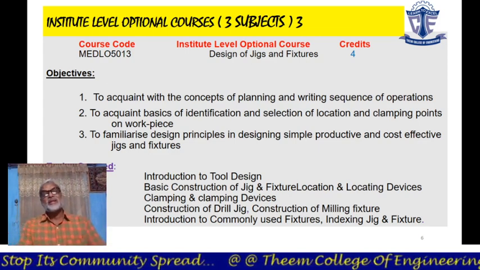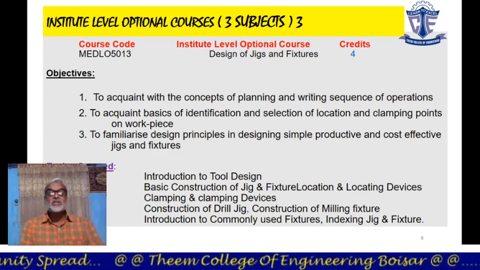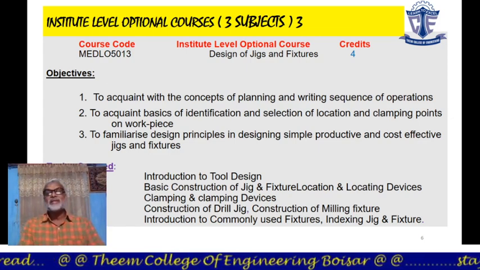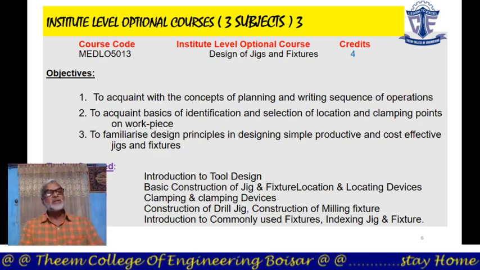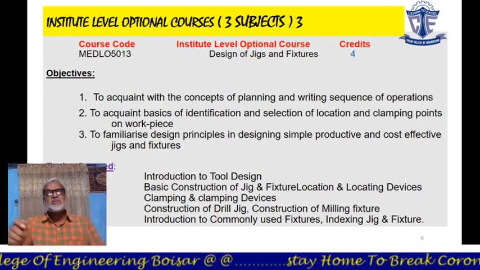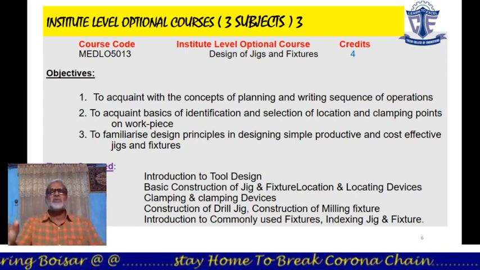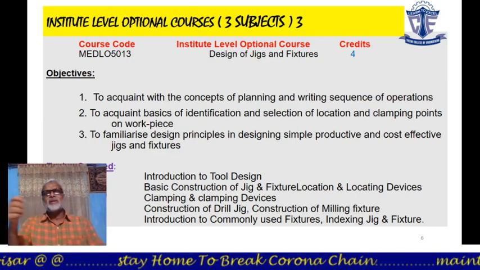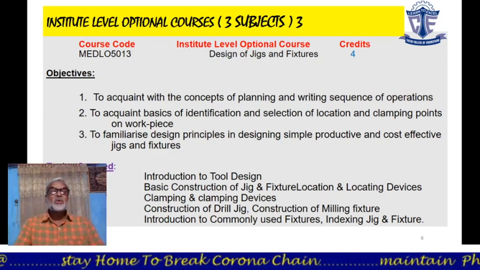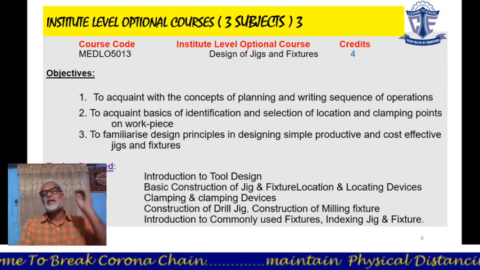So construction of drill jig, construction of milling machine, milling fixture, introduction to commonly used fixtures, indexing jigs and fixtures. Again, indexing jigs are just mechanical. Indexing means you need to turn one step. It will be set for 90 degrees, set for 72 degrees, with one single hand. So that's what it gives, increases production and machining capabilities.